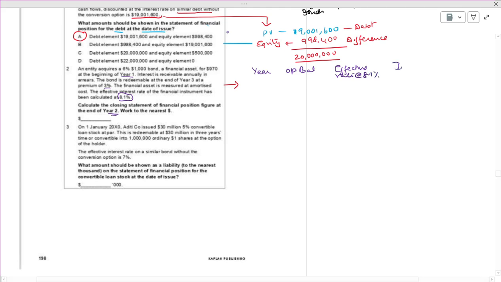You have interest paid at the rate of 6% on the principal amount. Interest paid will always be on the principal amount, in year 1 and year 2. How much is the opening balance? The opening balance is 970. 970 at the rate of 8.5%, how much will you get?